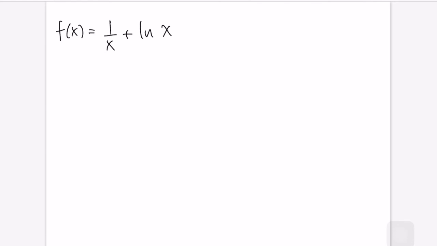Okay, let's start. So domain: x here should not be equal to 0, and this also needs to be positive, right? At least it should be 1, so that ln 1 is 0. So the domain will be 0 to infinity.